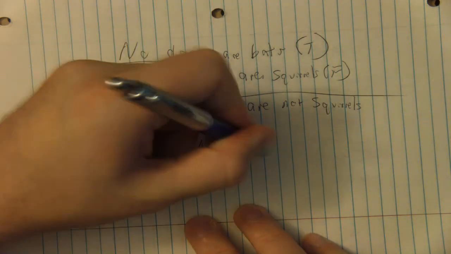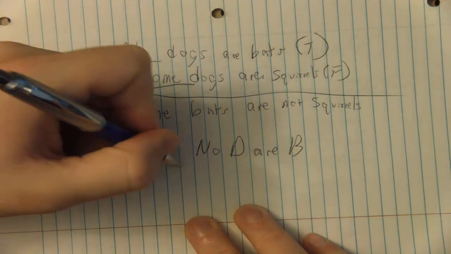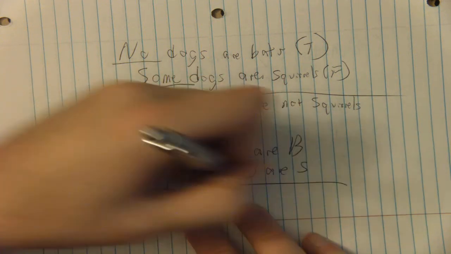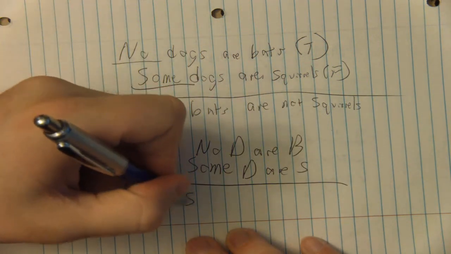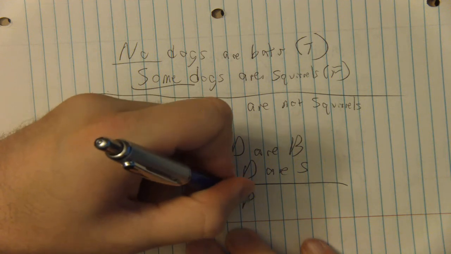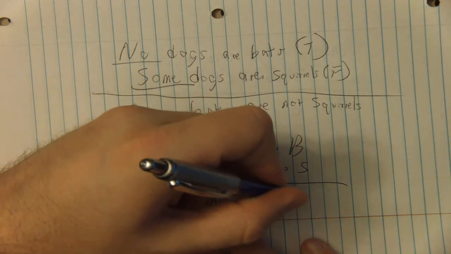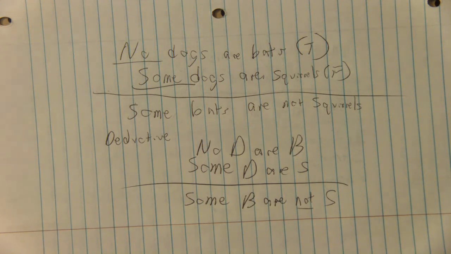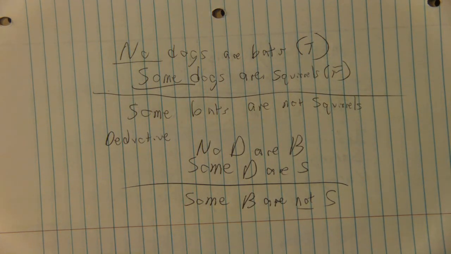Should be: No D are B. Some D are S. Conclusion, some B are not S. So now, we simply need to provide some substitution instances, some clearly true no statements.